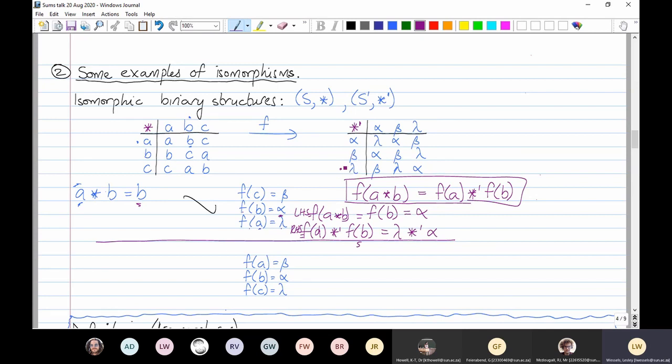So what is lambda star prime alpha? That is beta. And these two are not equal to one another. So this mapping is not going to work.